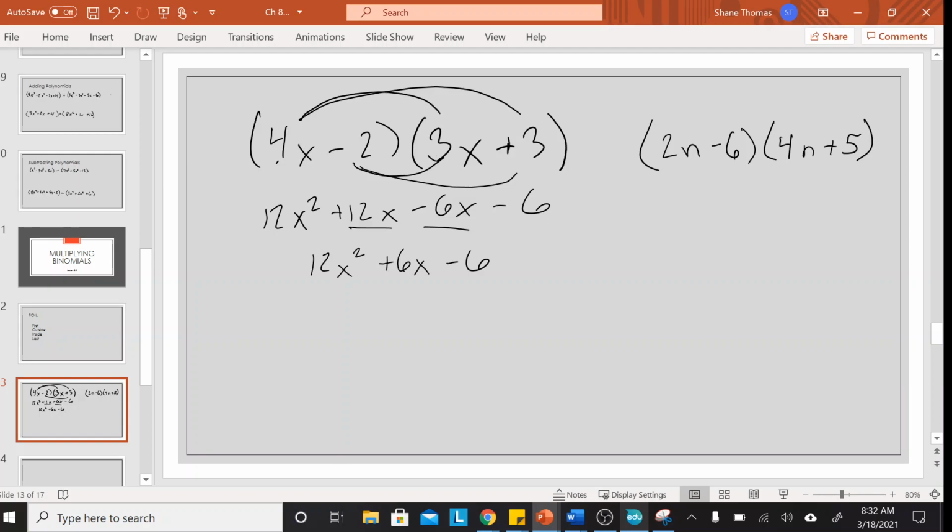Add the two middle ones. Just the two middle ones. 10 and 24.